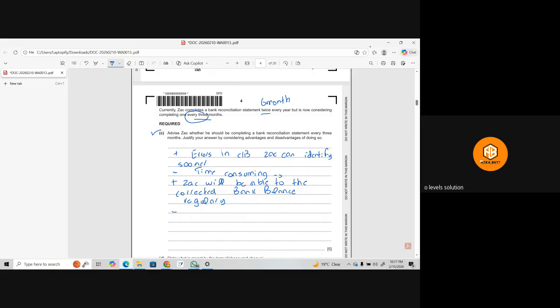Secondly, Zach may hire a team to prepare the BRS, which increases cost for Zach in terms of salary.